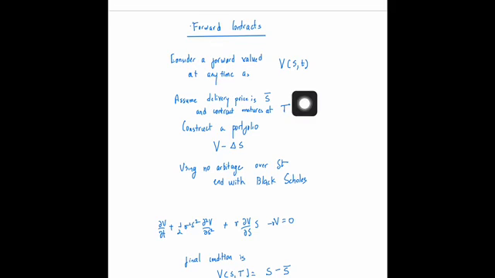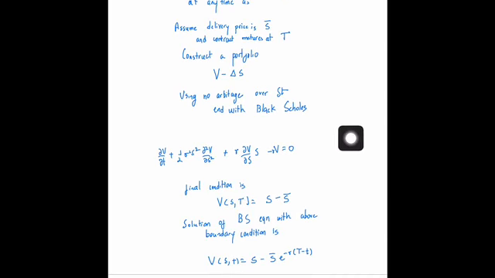Now in order to price this kind of contract, we'll construct a portfolio again, where V is the value of the forward contract minus delta times S. Use again no arbitrage over delta t, and then you will end up with a Black-Scholes expression. Nothing special up to here. The point that is special is the final condition, because this is an obligation to buy, not a right to buy.